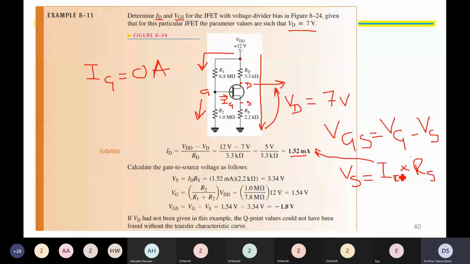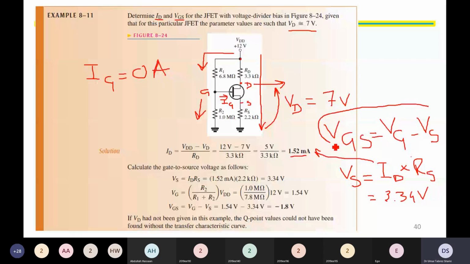And VS is equal to 3.34 volts. This is VS.